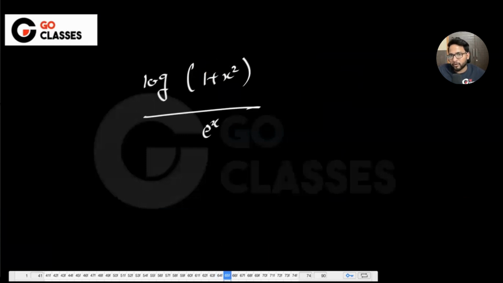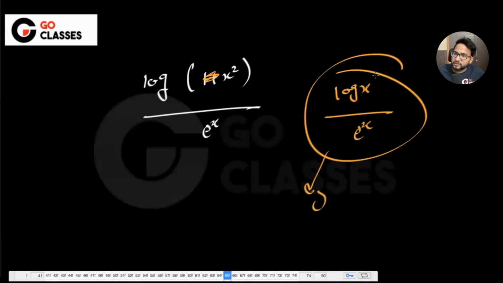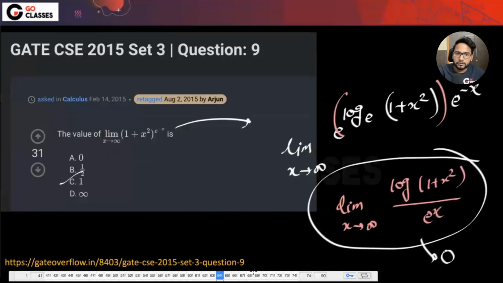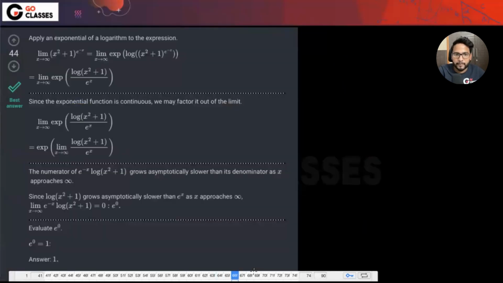This 1 doesn't matter first of all, because x square itself is a very huge number. So 1 plus some huge number doesn't matter. So it is just x square. You can take 2 outside. It is actually just log x. Okay, just don't get afraid by this x square. So intuitively you can say log x upon e power x is actually 0. Why? Because this is a very, very small number compared to this e power x when x tends to infinity. Okay. Cool. So 1 is the correct answer here, right?